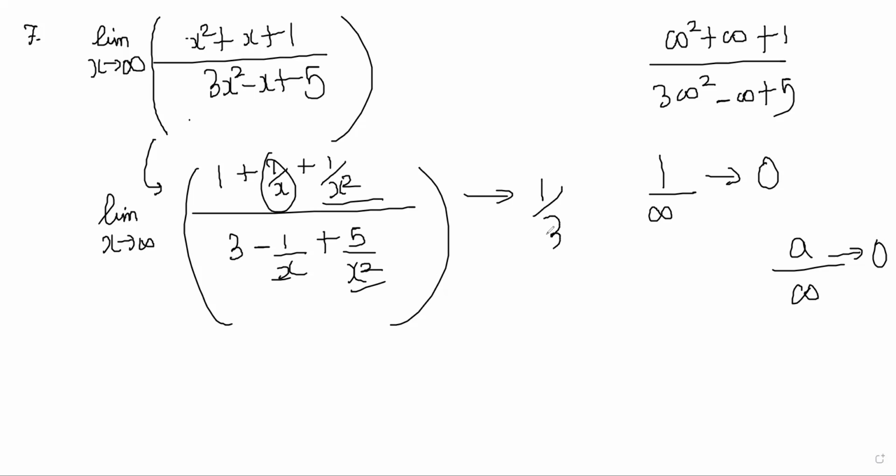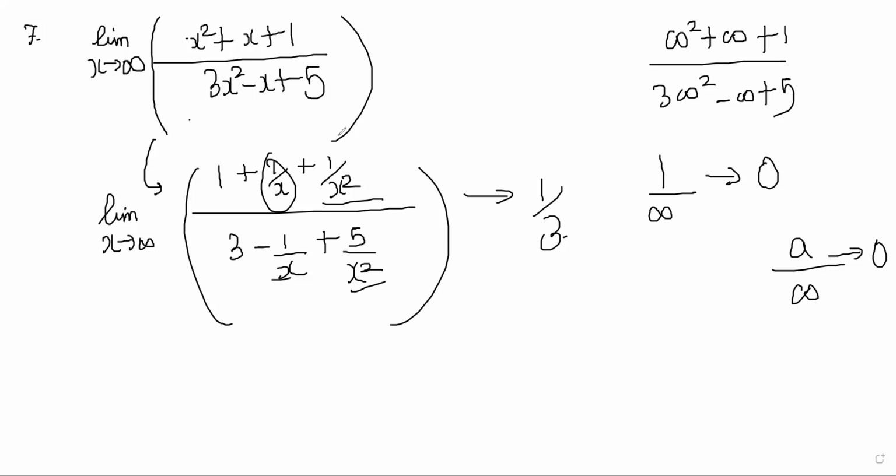So whenever you have rational fractions, where on top there is a polynomial and the denominator also is a polynomial, and x tends to infinity is the question, then to find the limit, try to divide both the numerator and denominator by the highest power of x, right?